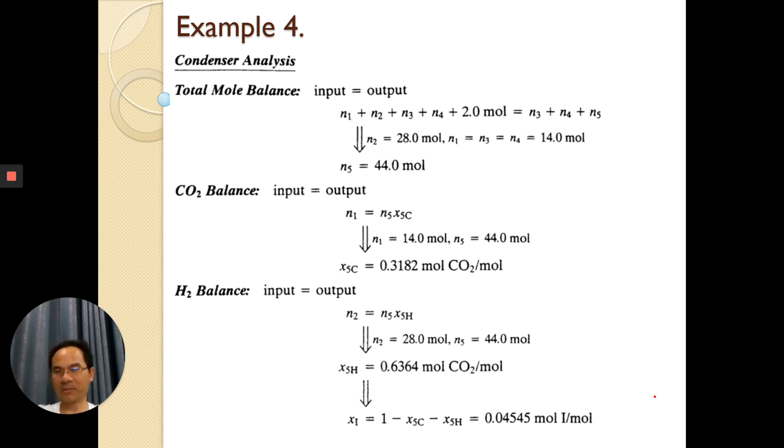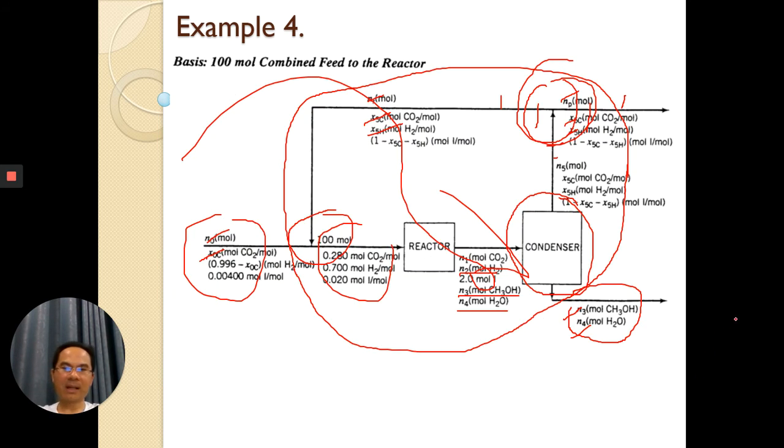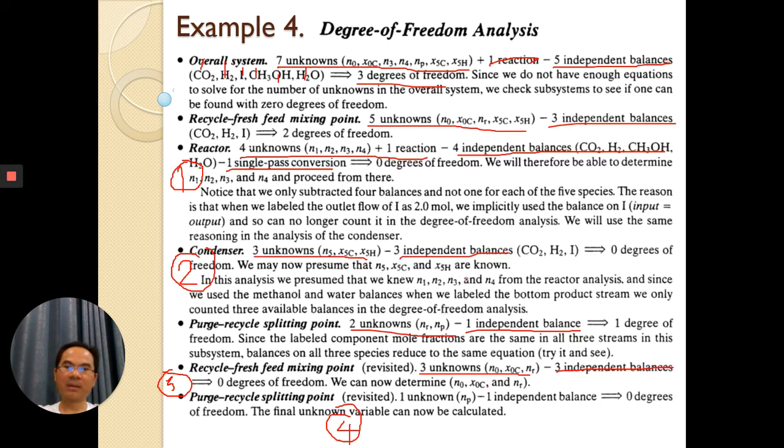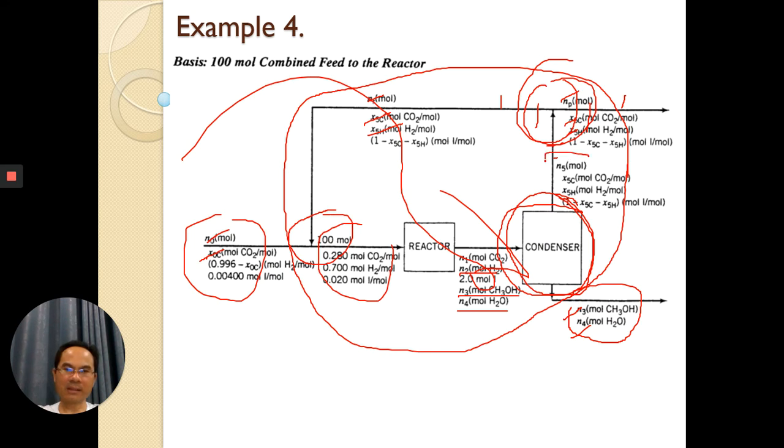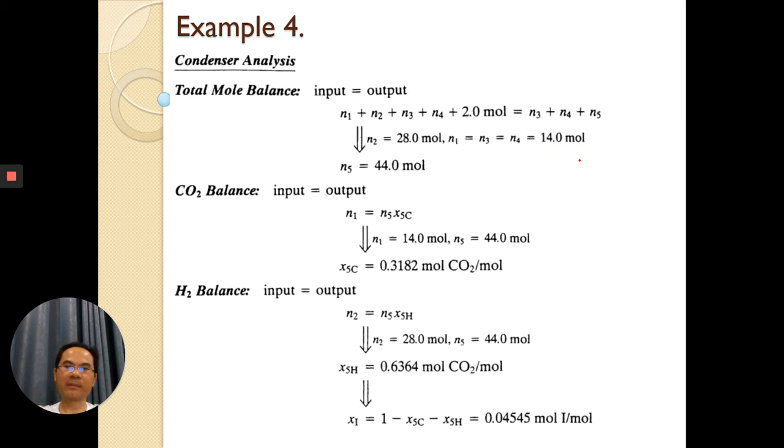Around this condenser, total mole input is N1 plus N2 plus N3 plus N4 plus 2, equal to N3 plus N4 plus N5. You already know N1 to N4, so you can solve for N5.